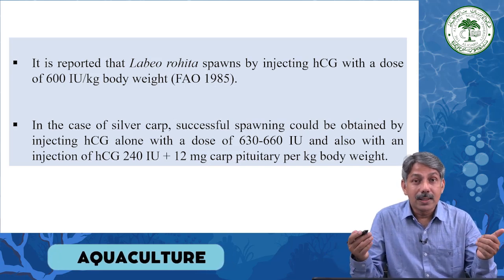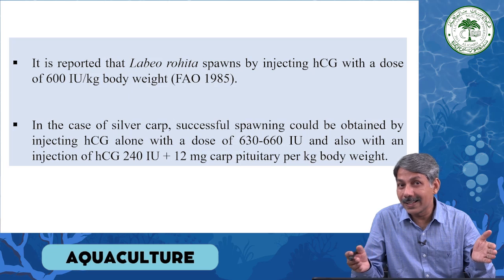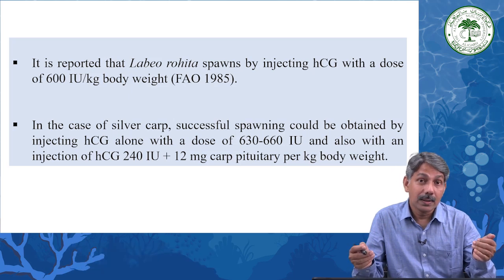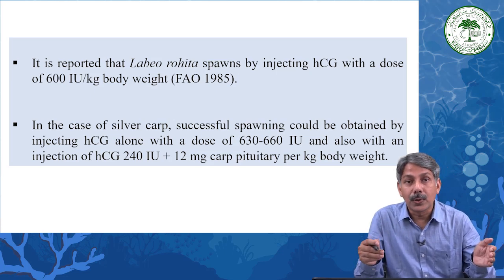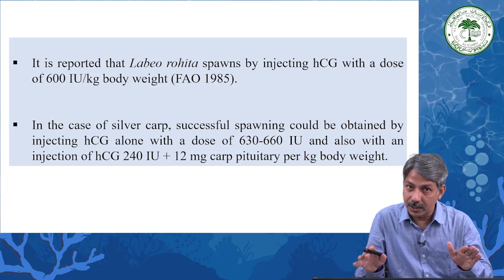And if the fish is not showing very good signs of running stage, but it is mature, showing maturity, but not in the running stage, then you may have to go for a slightly higher range of the dose, whichever inducing agent I am talking about.